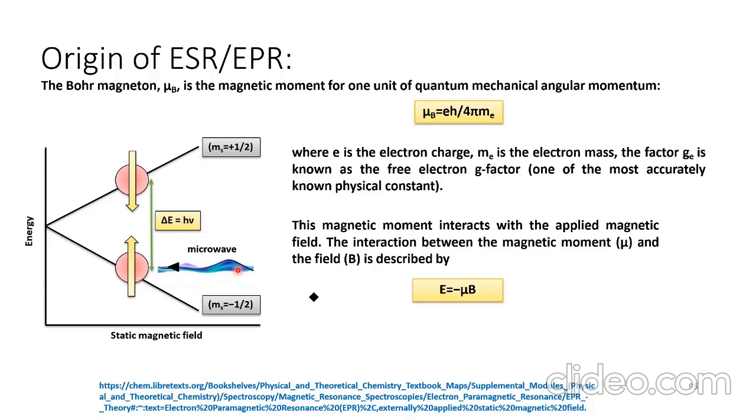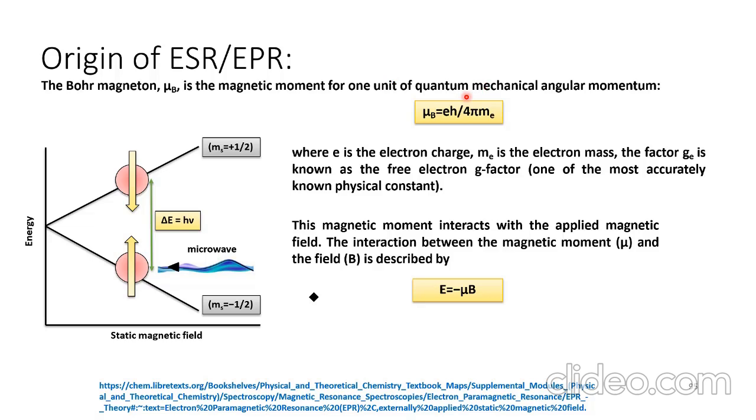If microwave is radiated onto the electron, the spin can be changed and the angular momentum will be varied. Depending upon that, we can check the Bohr magneton, that is the magnetic moment of the electron, for 1 unit of mechanical angular momentum.